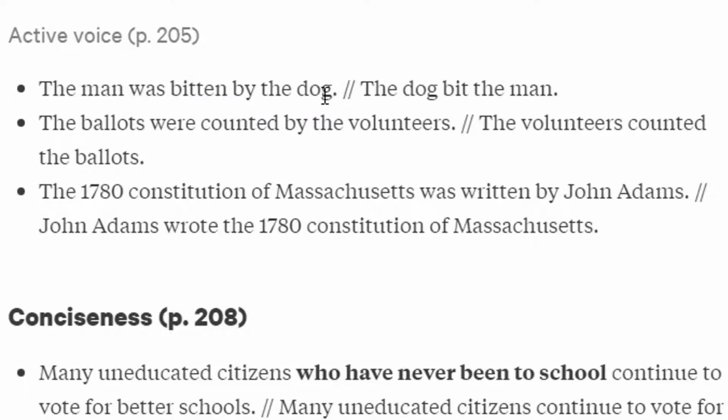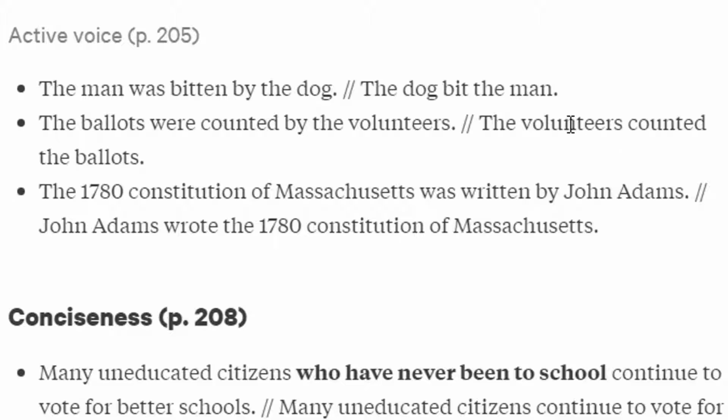Well, it's the dog. That shouldn't occur at the end of the sentence in active voice. Right up front, the dog bit the man. Much shorter, much clearer, and you don't have to wait to the end of the sentence to find out what the subject is.